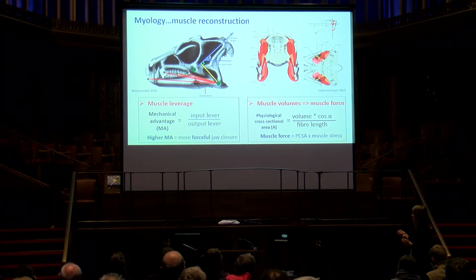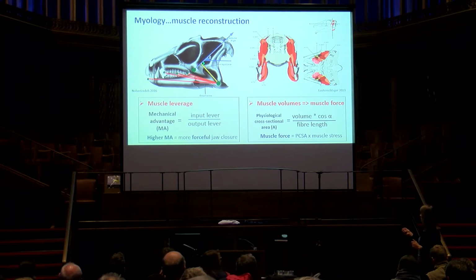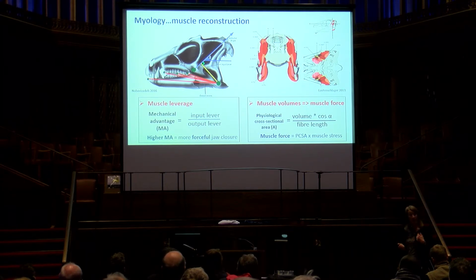We do this by measuring something called the physiological cross-sectional area, which is the volume of that muscle multiplied by the cosine of the angle by which the fibers deviate from the horizontal, divided by the length of those fibers themselves. And we take this value and multiply it by a value of muscle stress, which gives us a value of muscle force. Those of you amongst us are probably picking out that there are a number of different assumptions we need to make when we use this equation, about things like fiber length and muscle stress as well.